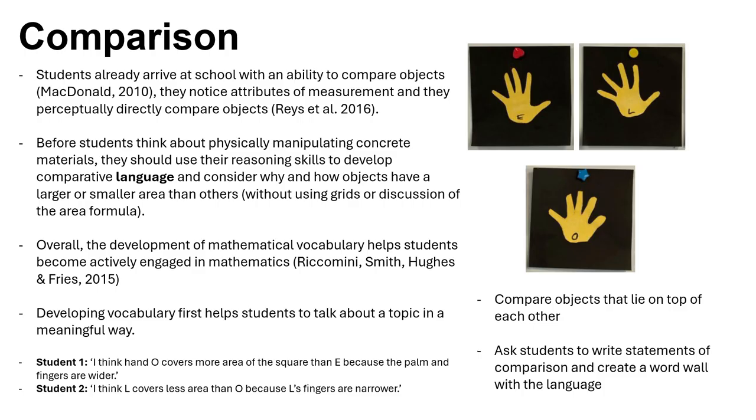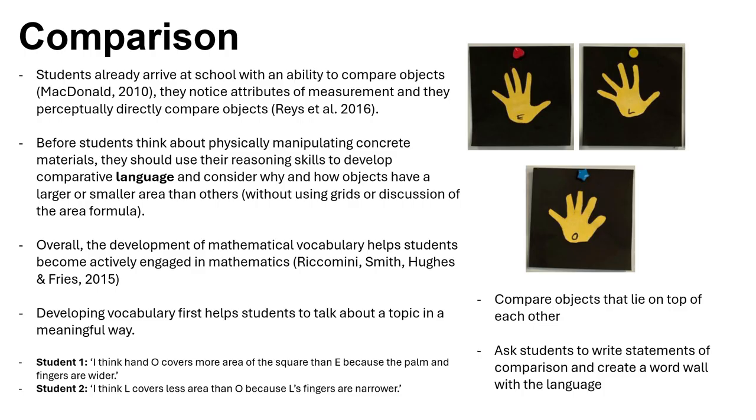For example, the activity that I have here at the top is I got students to cut out palm prints, and then I put them on top of square black paper. And then we compared how much area a palm print covers of the black square. Which one covers the most area? We looked at 3 different handprints and we discussed different ideas of talking about area.